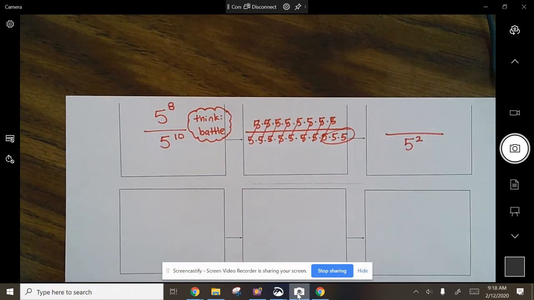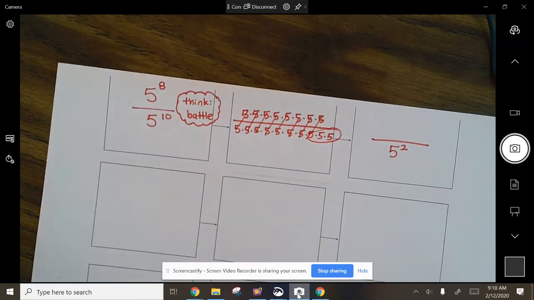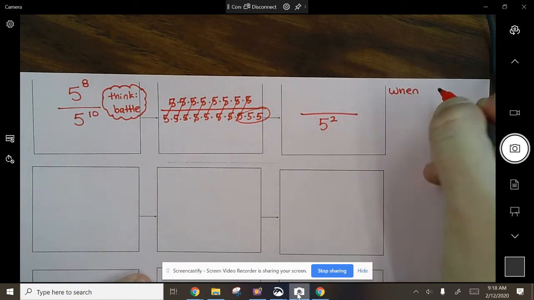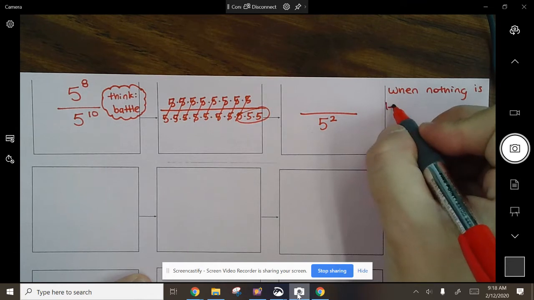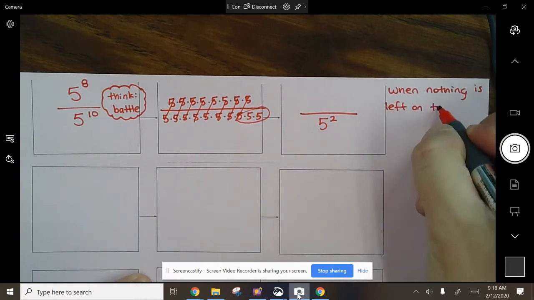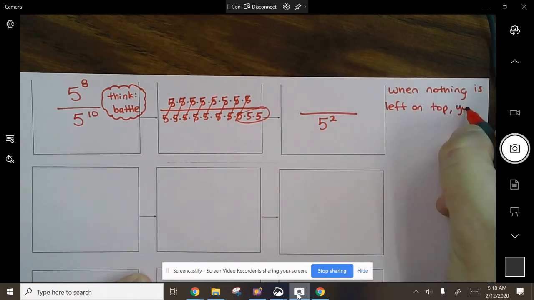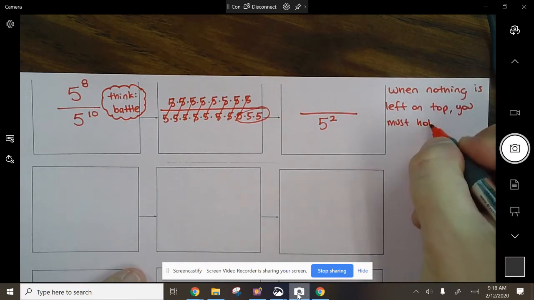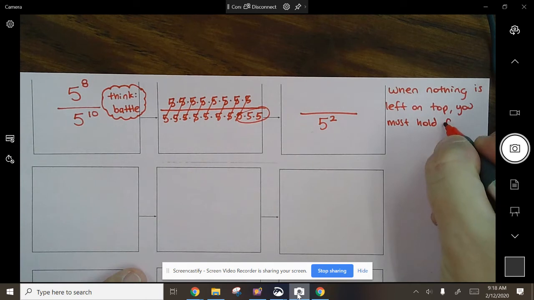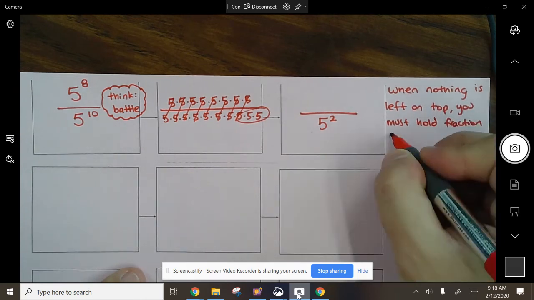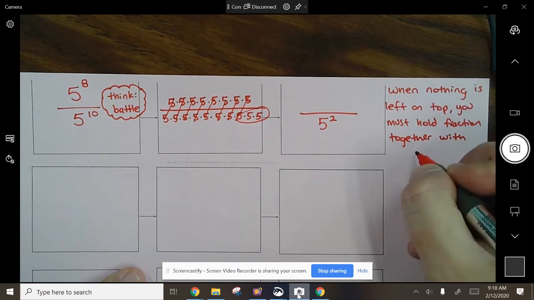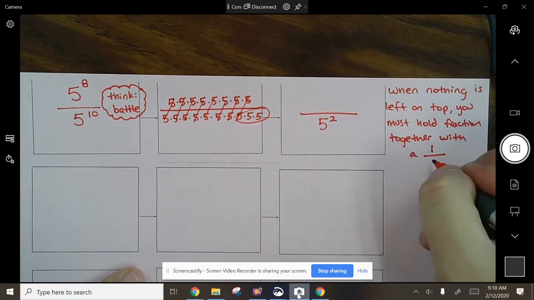But you can't leave it like that. The rule is, and I'm going to write this on the side: when nothing is left on top, you must hold the fraction together. This is how I'm going to write it, with a 1 on top.